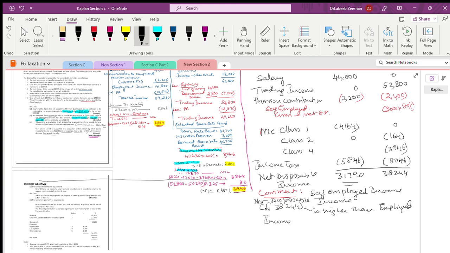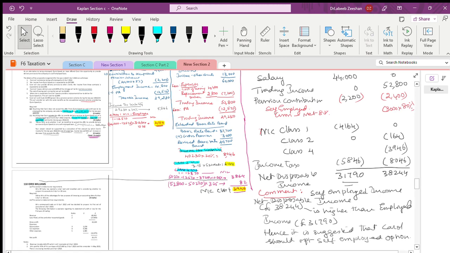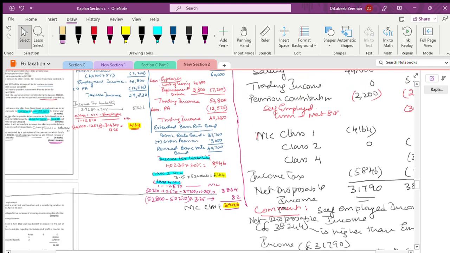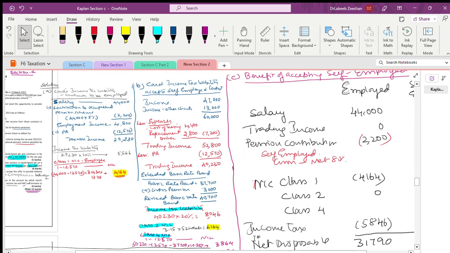Employed income is 31,790. Hence, it is suggested that Carol should opt for the self-employed option. Okay, this is the way we have to work it out. Now you get a point. We have progress. Very simple way of doing.